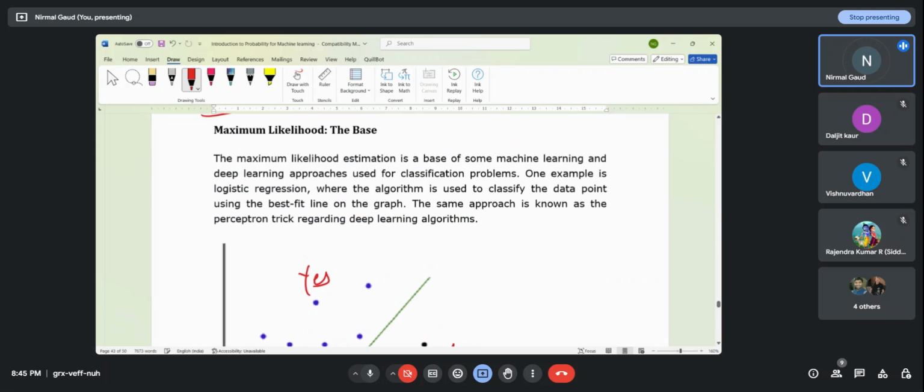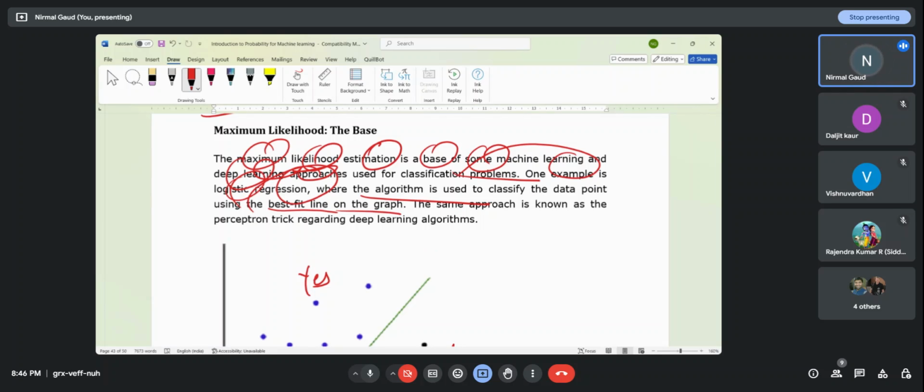So the maximum likelihood estimate is the base of some machine learning and deep learning approaches used for classification problems. Logistic regression is one of the algorithms that we use to perform classification, and it uses the best fit line.